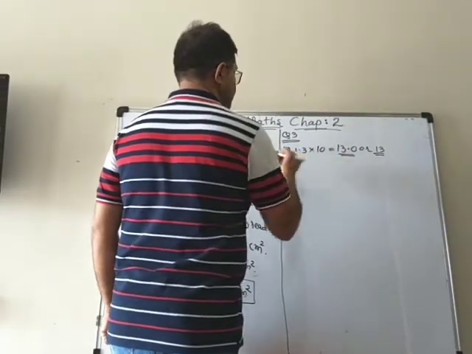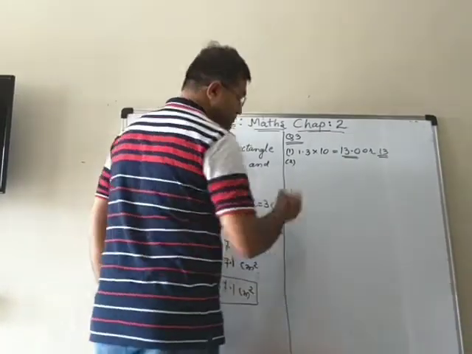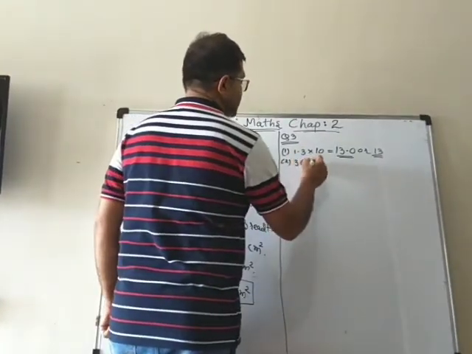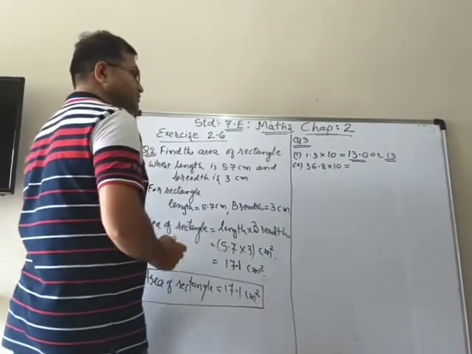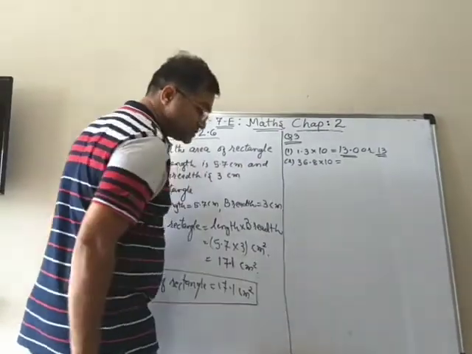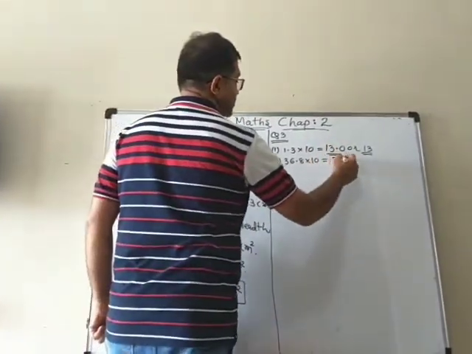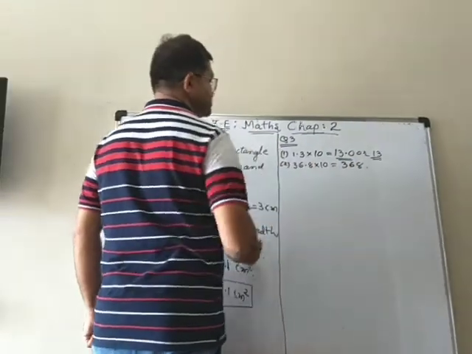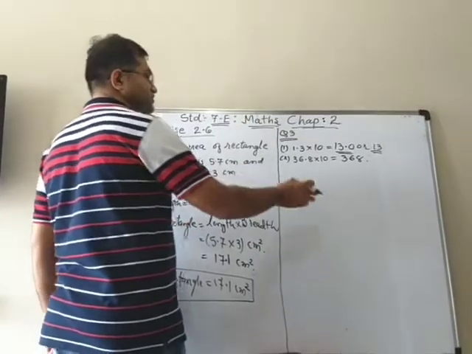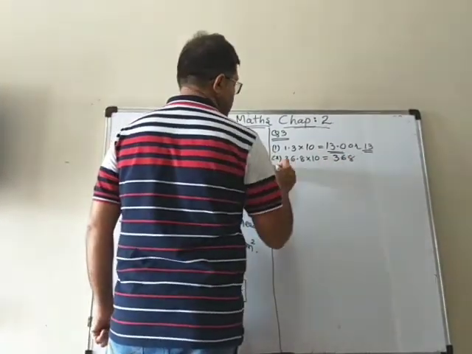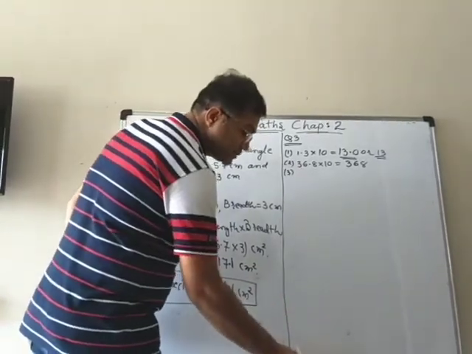Second one, it shows 36.8 multiply by 10. So here also, if you move one place, then it will be after 8. So we can write down only 368. We don't need to write down 368.0. You can just write down 368.